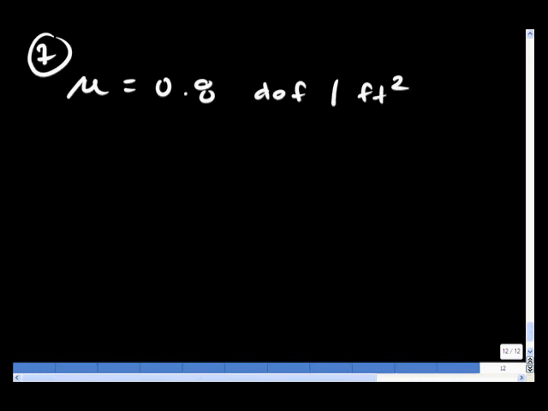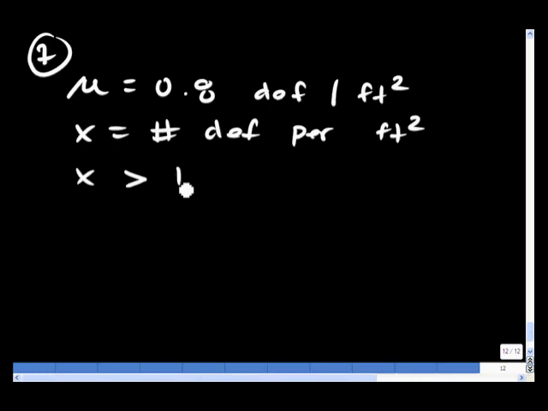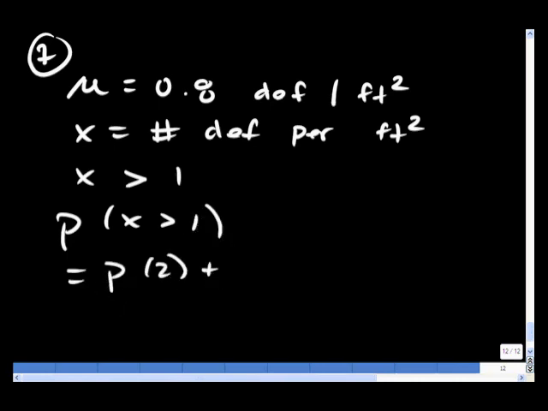They want to know, if you let x be the number of defects per square foot, the probability of finding more than one defect. They want to know the probability of finding 2 or 3 or 4 or 5 or 6, and this goes on forever.